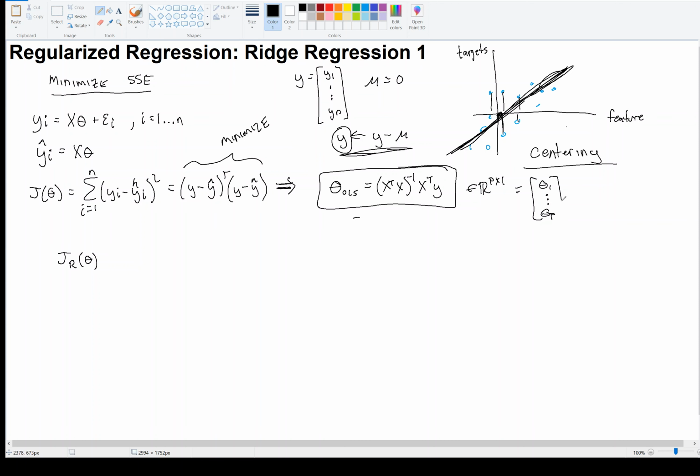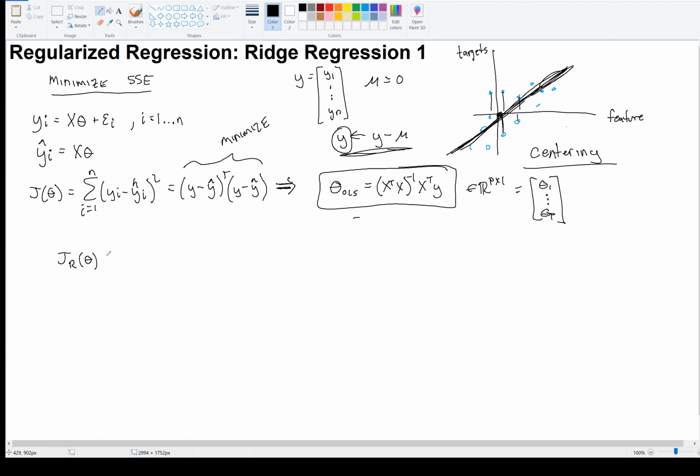In the previous video, we said that smaller components, a smaller theta 1 or a smaller theta 2 or whatever, meant a lower complexity model. So what we want to do is simultaneously have a good fit, minimizing the error, but also encourage low complexity solutions.